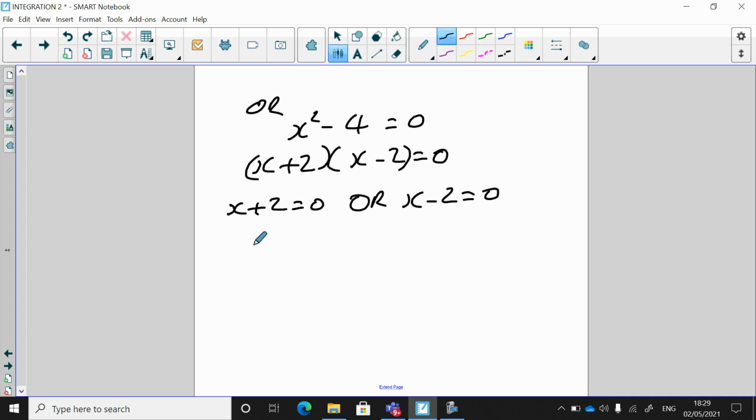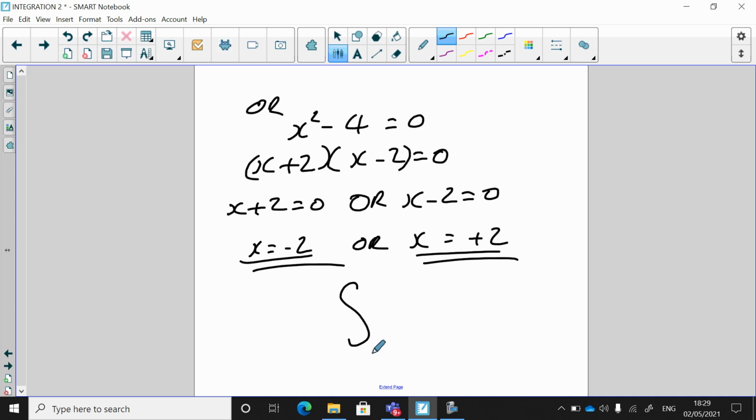So you would have x equals negative 2, or x equals, I'll just put that in as positive 2, even though you wouldn't write it as positive 2, it's just to emphasize it. They are going to be the limits of integration. So the smaller one goes here, and the bigger one goes here.